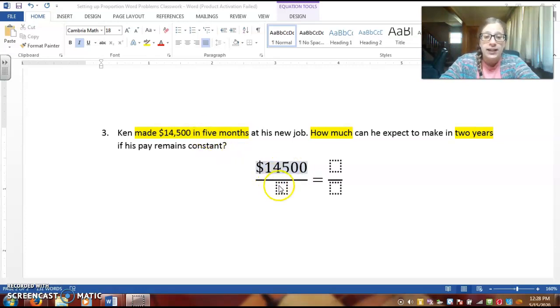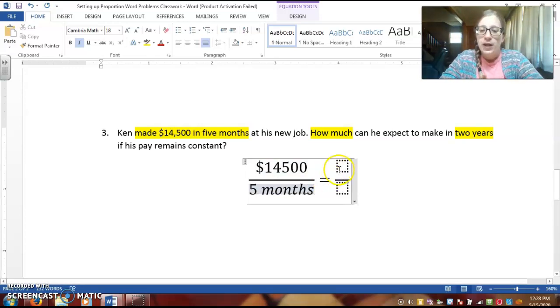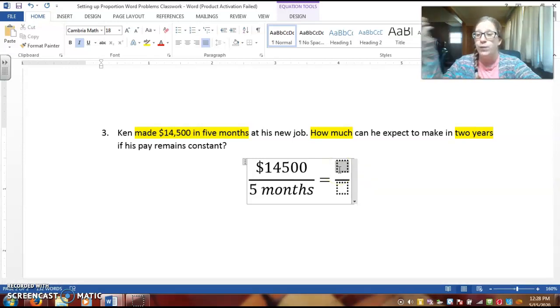And he's made this in 5 months. So, with that being said, we always want to look to the second fraction and ask ourselves what information should go where. This story compares money and months or time. So if I have a dollar amount on one side of the fraction, the dollar amount's got to go on the other.